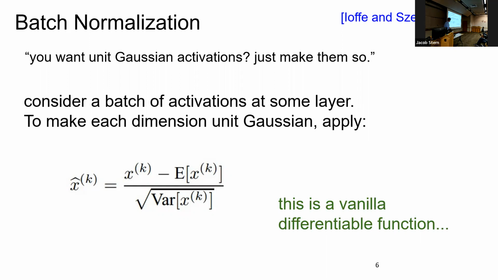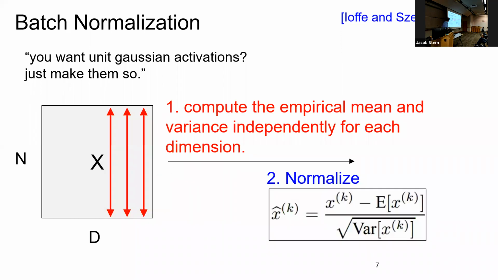To do that, we take our inputs to a layer, subtract the mean of those inputs, which will make them centered at 0, and then divide by the standard deviation, the square root of the variance, which will make them have a standard deviation of 1, which is the same as having a variance of 1. So that is just a diagram of what I just said.